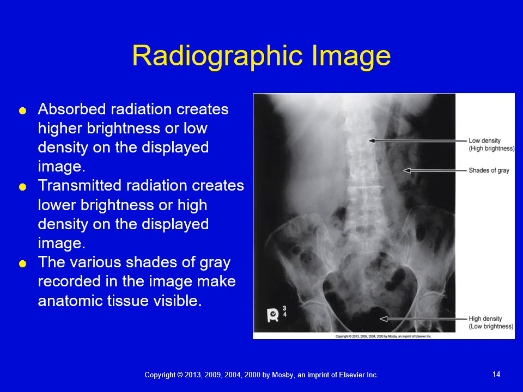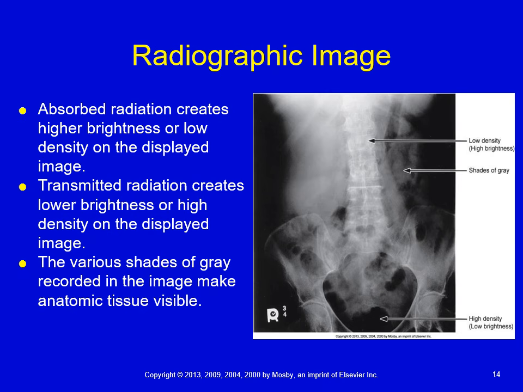So we started earlier on with the term differential absorption. Based on the tissue type, the different types of tissue will absorb the X-ray beam differently. Some are going to absorb more of the X-ray beam, and some are going to transmit more of the X-ray beam. The way that it interacts with the X-ray beam, or the way that it responds to the X-ray beam, is going to be responsible for all the shades of gray in between.